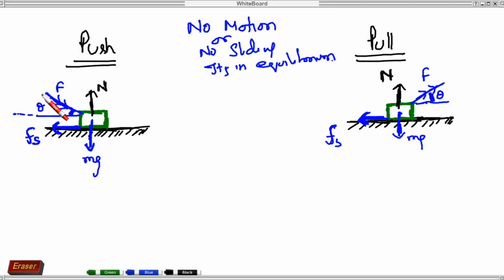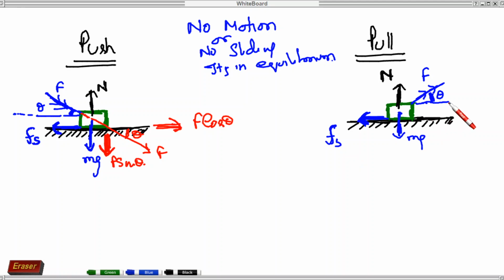Now let's do the components of this force. I am extending it like this. This angle will be theta. So along this direction, the component of this force will be F cos theta, and along this direction, the force will be F sin theta.